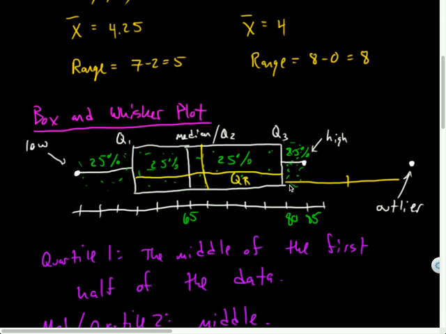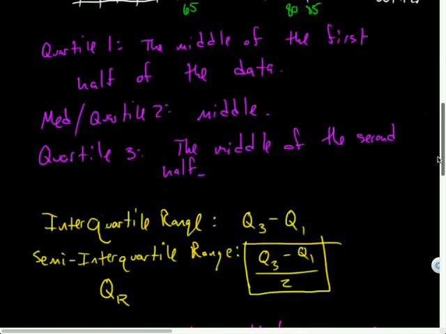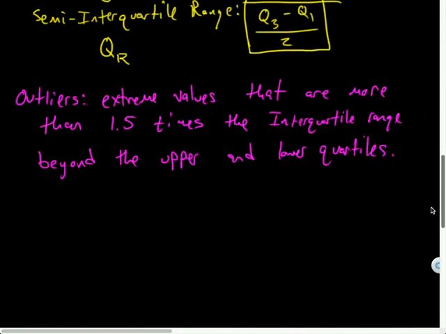If this was 2 Q sub R, and then this is another half of that, the outlier would have to be beyond that much more. It's a weird definition, but the idea is that it's beyond the data in either direction, high or low, so that it skews our numbers, so we ignore it, essentially.